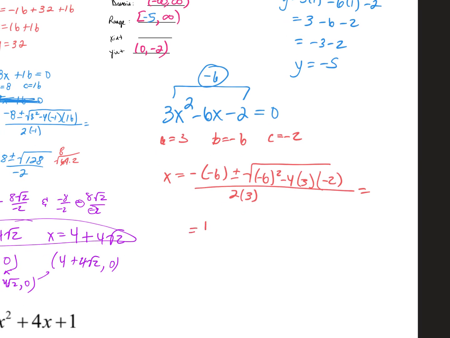Negative negative gives me positive 6 plus or minus the square root of 36, and negative 4 times 3 is negative 12, times negative 2 is plus 24, over 6. 6 plus or minus, what's 36 plus 24?